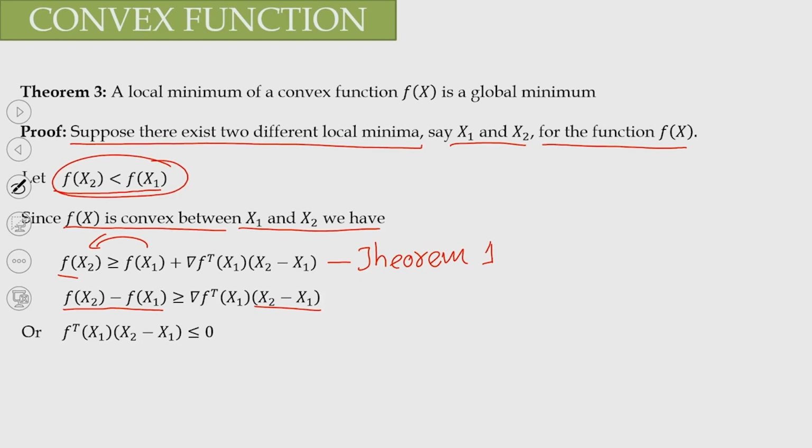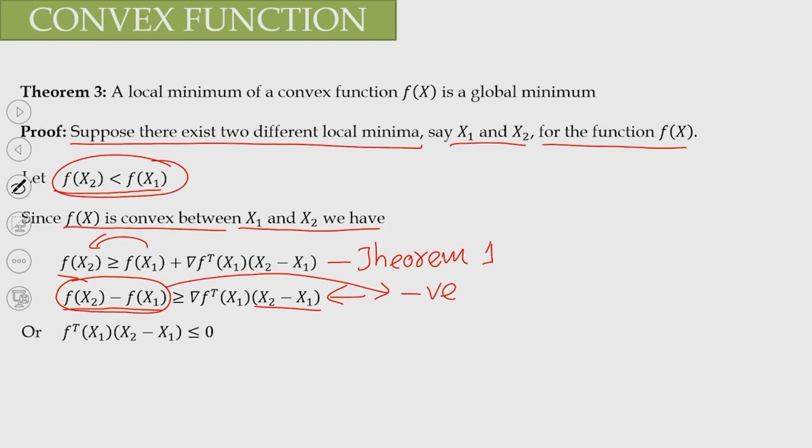So, the left hand side of this equation is negative, is it not? Since f of x 2 is less than f of x 1, f of x 2 minus f of x 1 is negative. So, this term is negative.